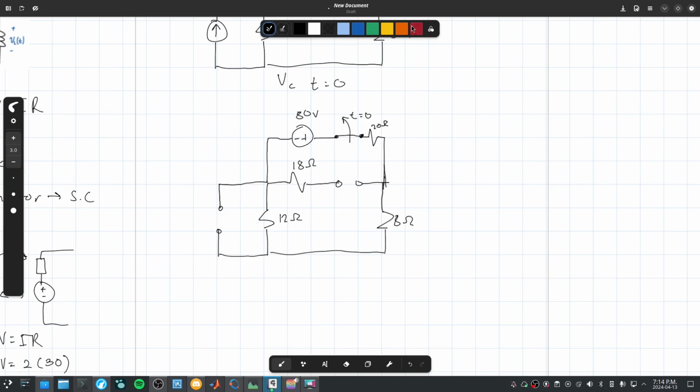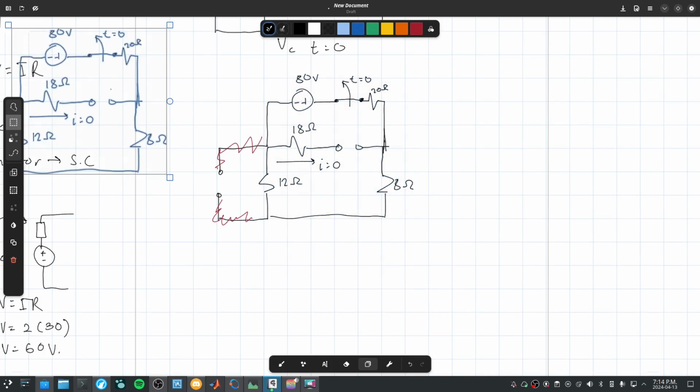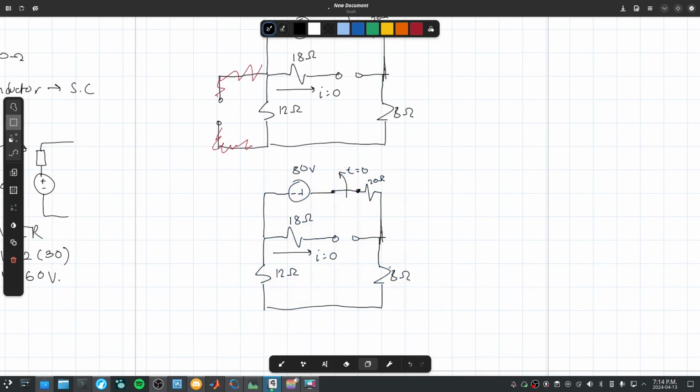And so we can remove this entire part here because that's just an incomplete circuit. And remember, there's no current running through here. And what happens to voltage as it crosses a resistor with no current? There's no voltage drop. So we can actually just take this and remove this 18 ohm resistor entirely.